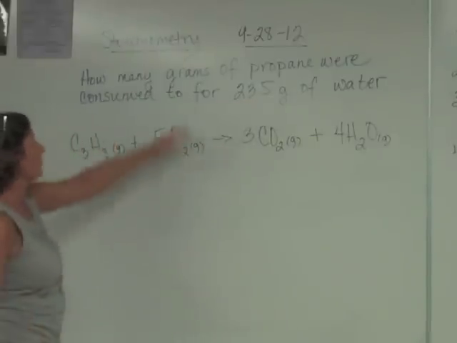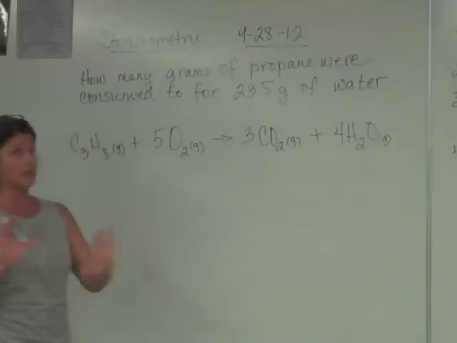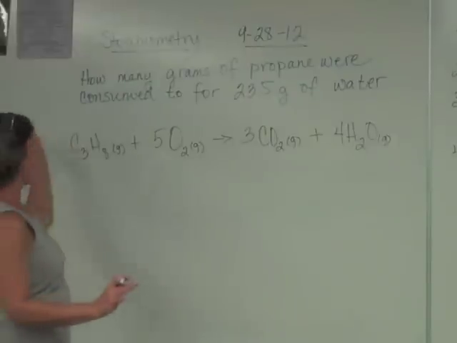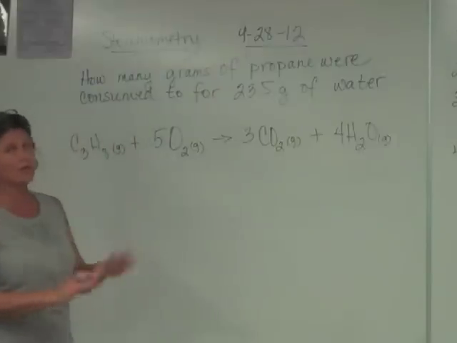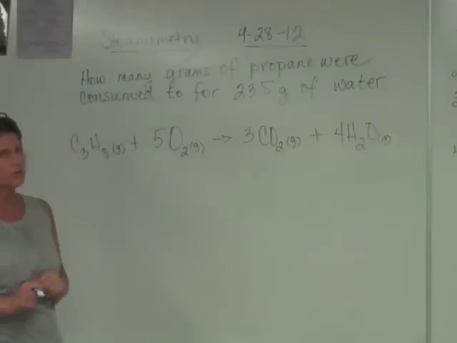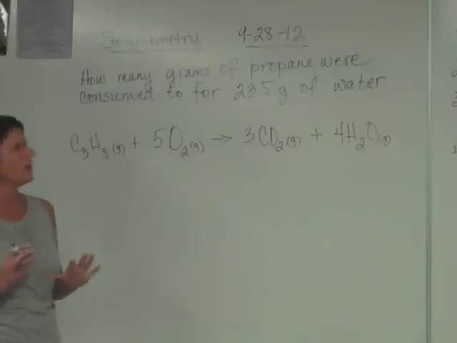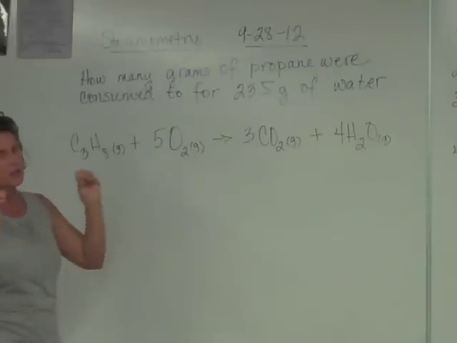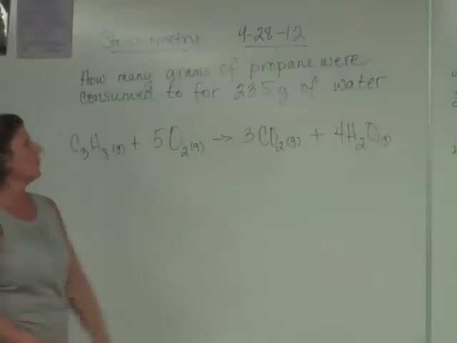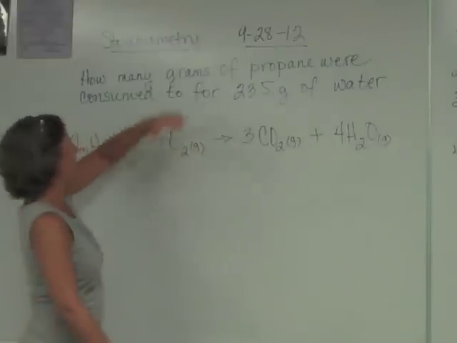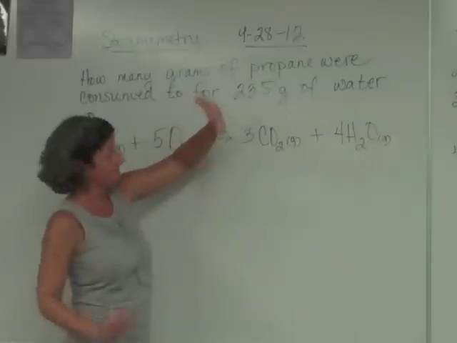I am looking for grams of propane. That's it. That's all you need to know, guys. There's going to be all kinds of flowery words put in a problem that will confuse you, and you need to distill it down to what am I given and what am I looking for.